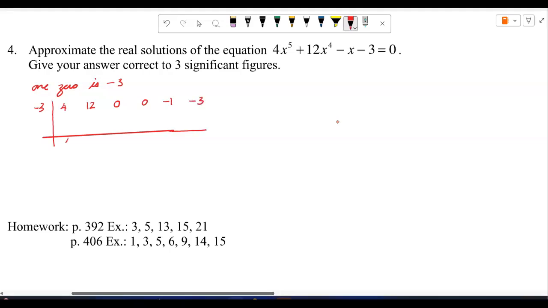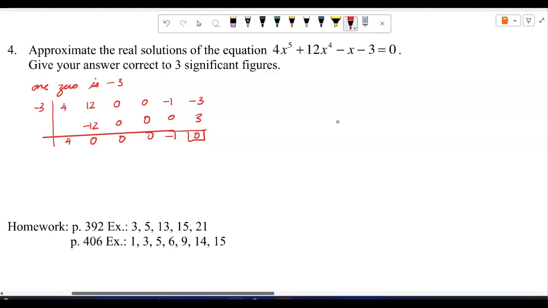Bring the 4 down. 4, minus 12, 0, 0, minus 1, minus 1, 3, 0. Correct?